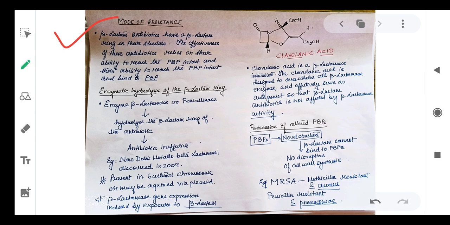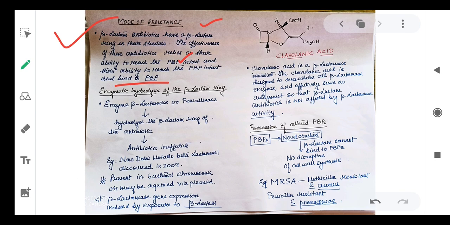In beta-lactam antibiotics, the most important structure is the beta-lactam ring. The effectiveness of this antibiotic relies on its ability to reach the PBP intact and bind to the PBP. So if the penicillin binding protein is binding to the penicillin, then only penicillin can block the transpeptidation, otherwise not.